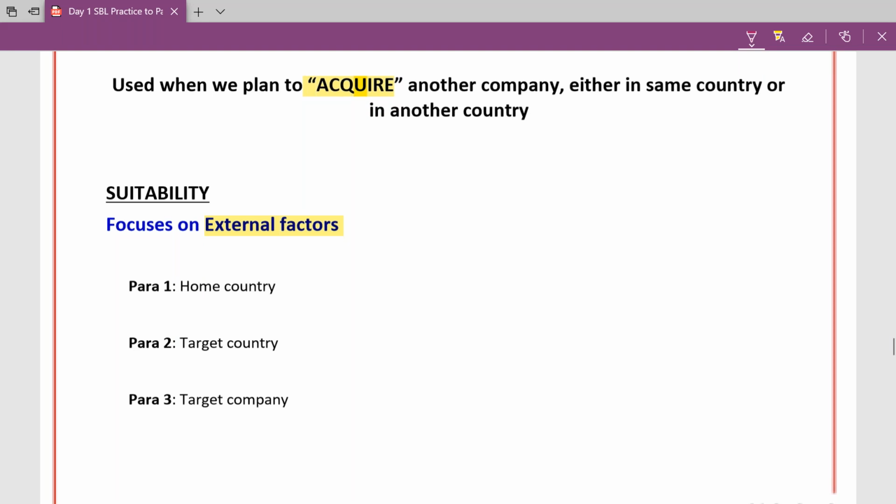All those will be covered under external. Do not talk about internal factors under the heading of suitability. I repeat, do not talk about internal factors under the heading of suitability. Suitability is only about external factors.